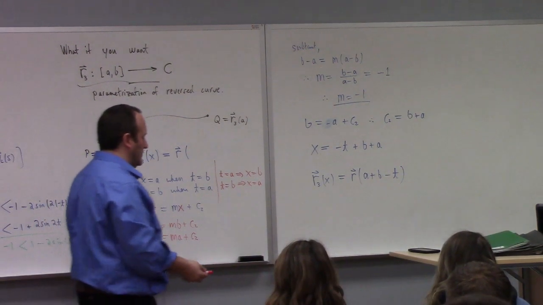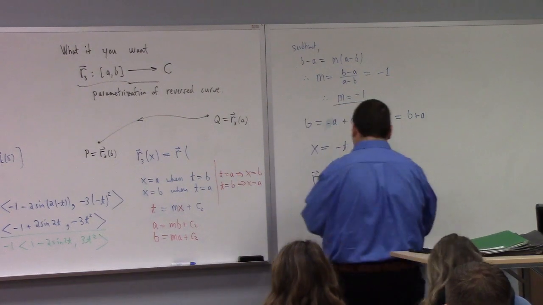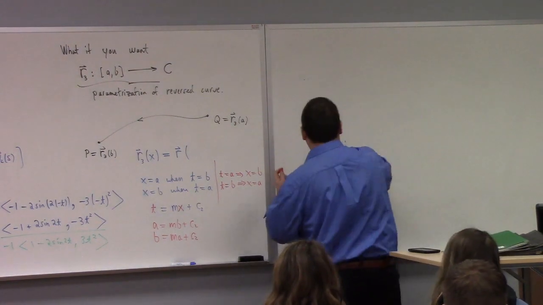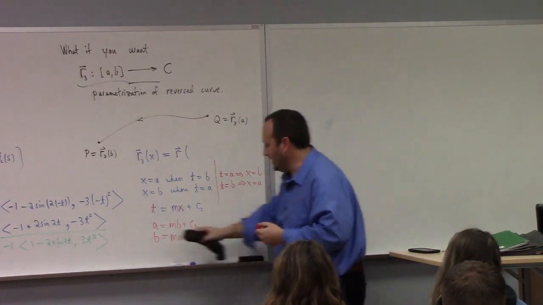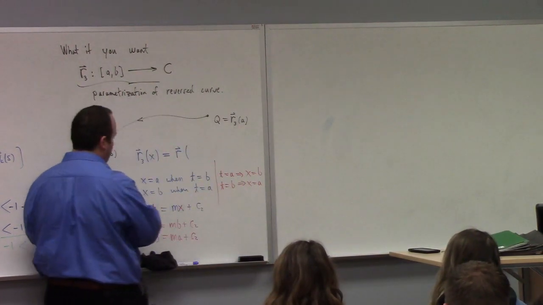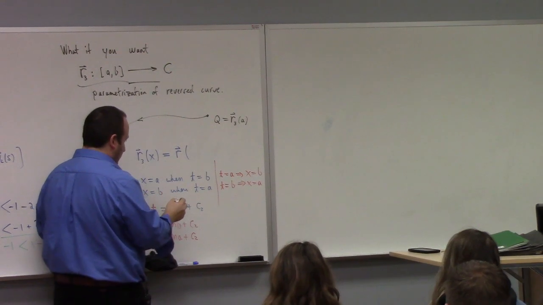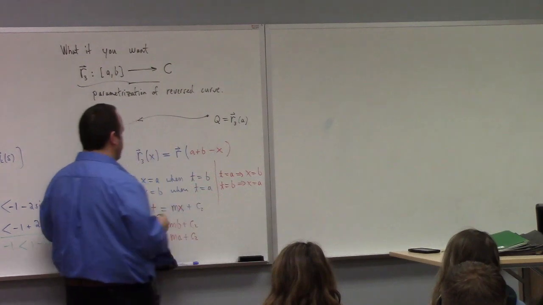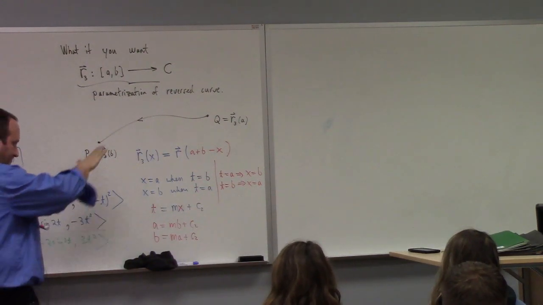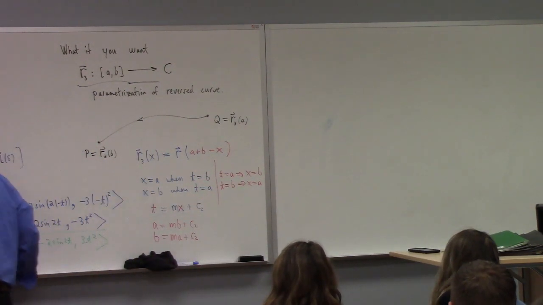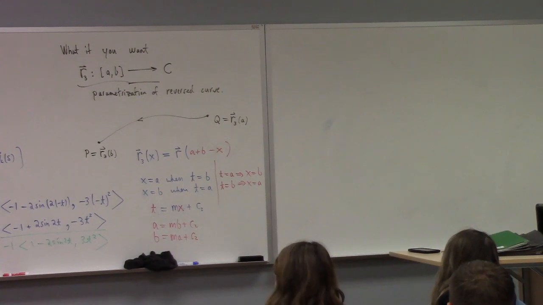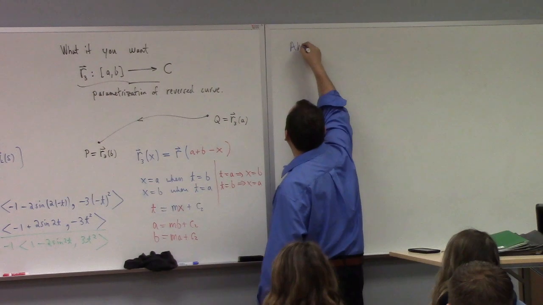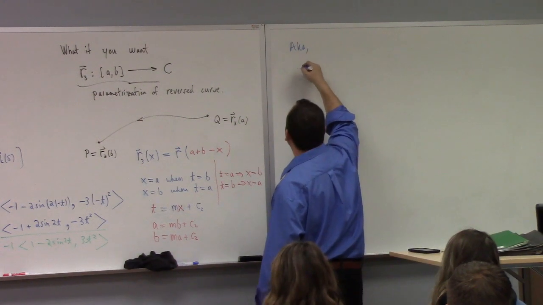Okay, so long story short here, we get that R3 of x is equal to a plus b minus x by this below. Or, AKA, what I should have written 10 minutes ago.